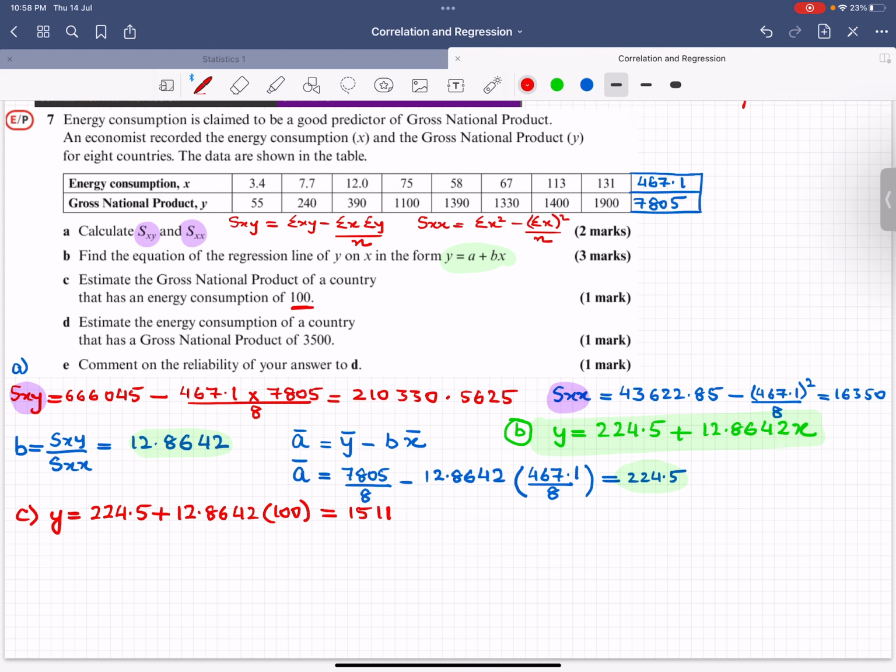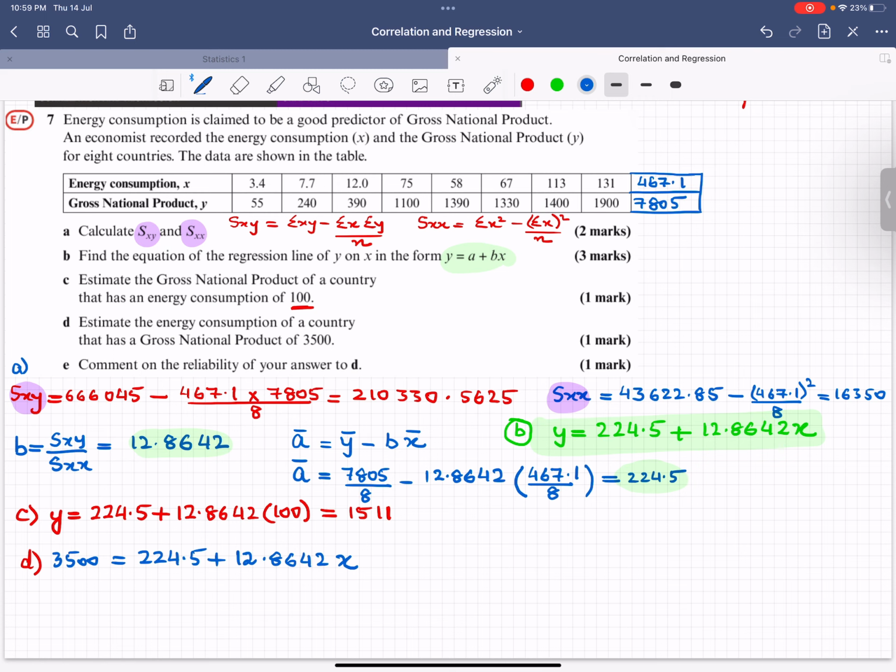But in part D, we are doing vice versa, plugging in the value for Y. So we plug in 3500 and equate it to the equation of the regression line to calculate the unknown X value.